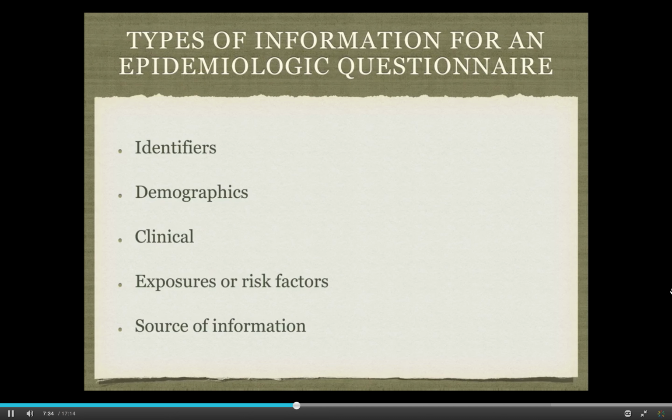Usually, when we are developing a questionnaire, there are some key categories of questions that must be considered. The first and most important of all of them is what we call the identifiers. The identifier may be one or more unique identifying number or text that allows us to differentiate between two questionnaires from two different participants.